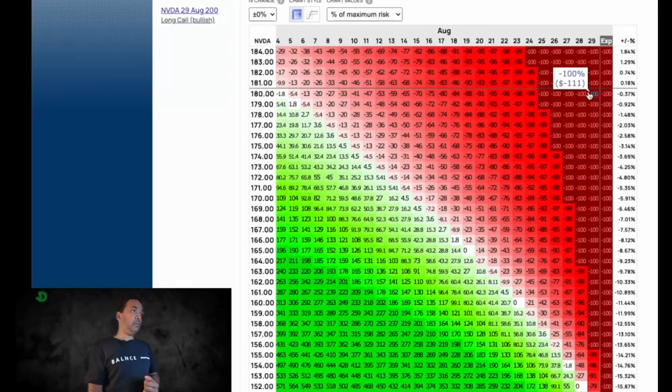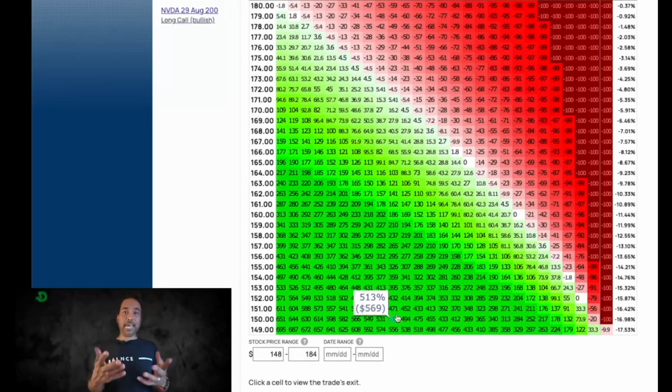Again, on the maximum loss, your maximum loss is always capped when you buy a contract. Because you paid $111, you cannot lose more than that. So that's your max loss in this case. Your max profit is capped, unlike buying a call, because a stock can go down to zero, right?